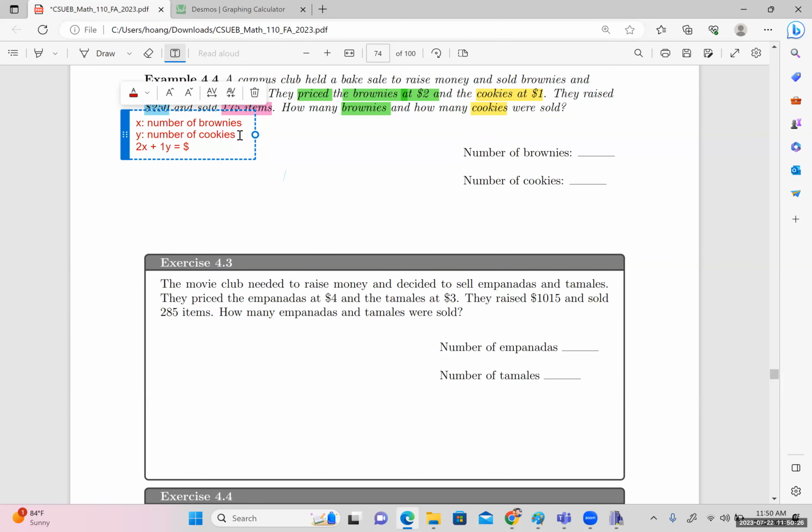Because they say that they raised $250. And the second equation, I can say I have 175 items, so that means X, the number of brownies, plus the number of cookies will be 175 items.